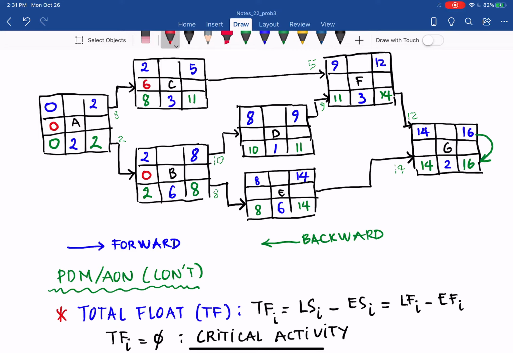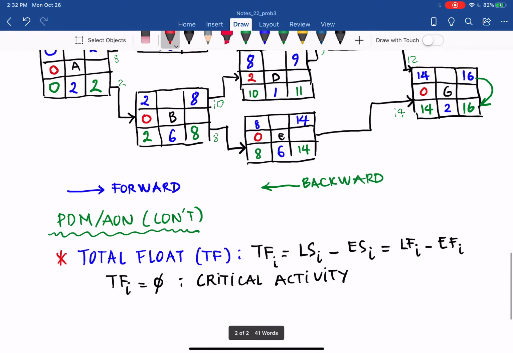D, 10 minus 8 or 11 minus 9, it will be 2. E, 8 minus 8 or 14 minus 14, 0. F, 11 minus 9 or 14 minus 12, it equals 2. G, 14 minus 14 or 16 minus 16, 0. So that you have the total float.